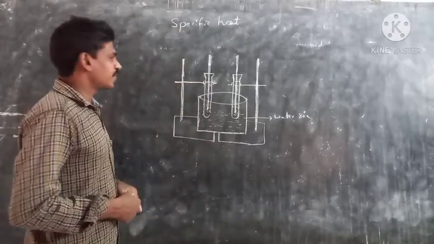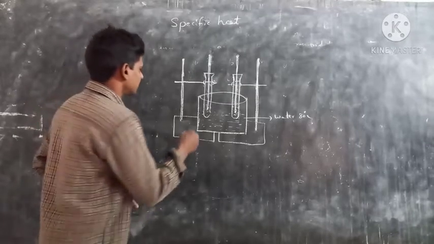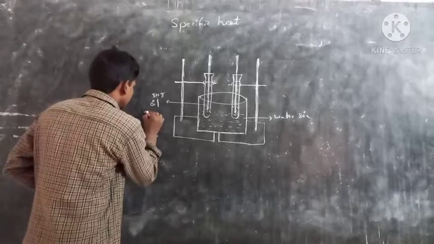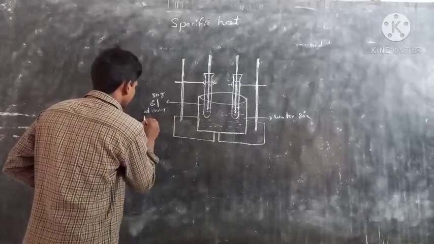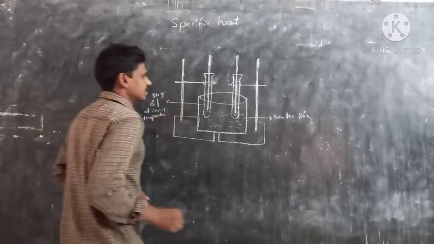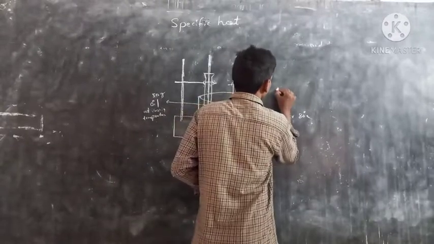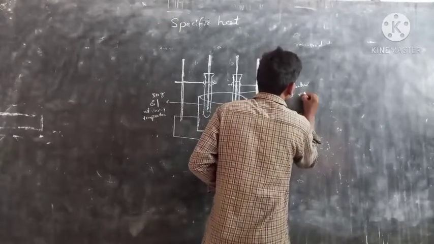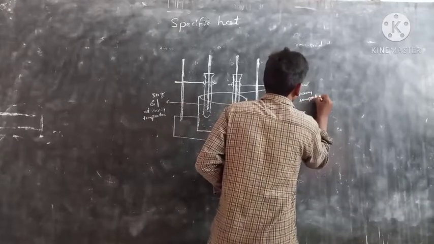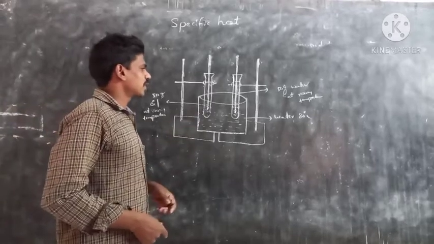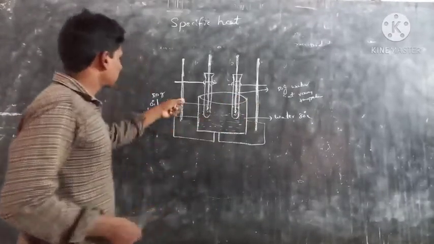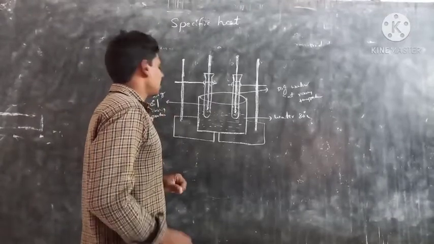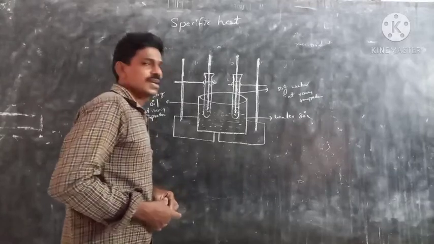One is filled with 50 grams of oil at room temperature, and another one is filled with 50 grams of water, also at room temperature. Both are at room temperature.